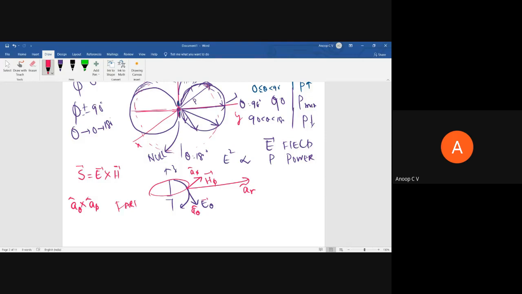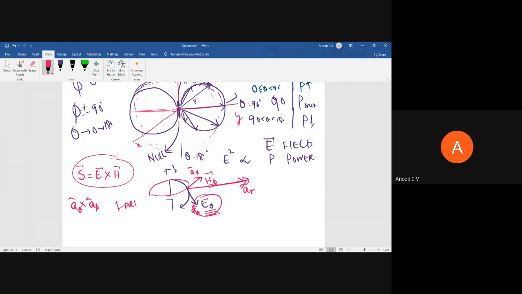So for a dipole placed along the positive z axis, in the far field, the electric field will have only a theta component, the magnetic field will have only a phi component, and the entire power will be radiated along r. You can measure E. If you're plotting E, that is called the field pattern.